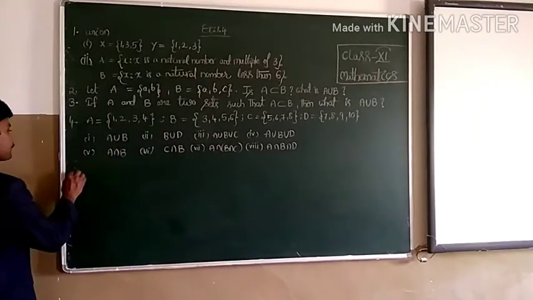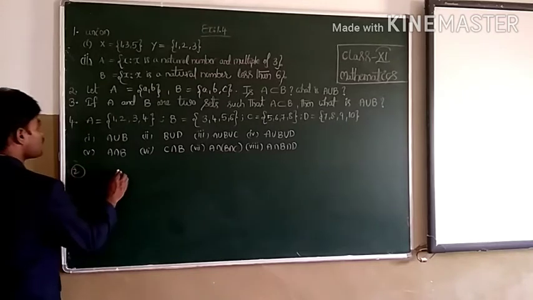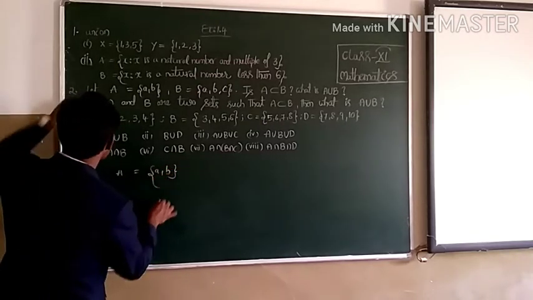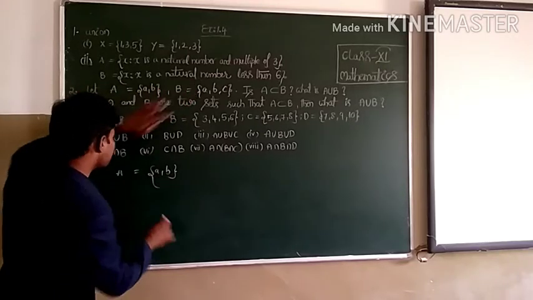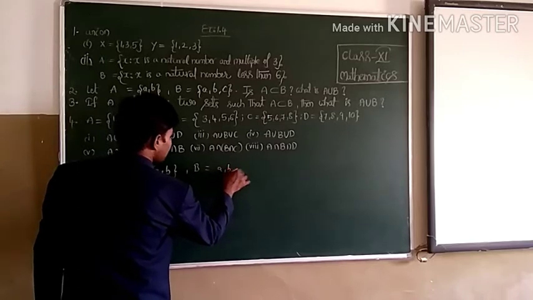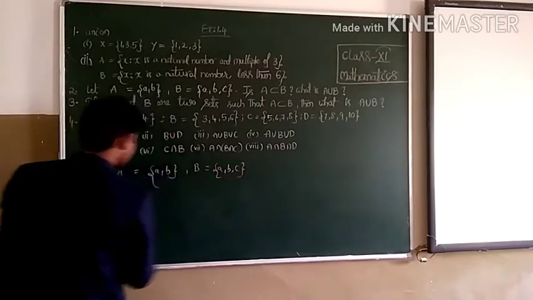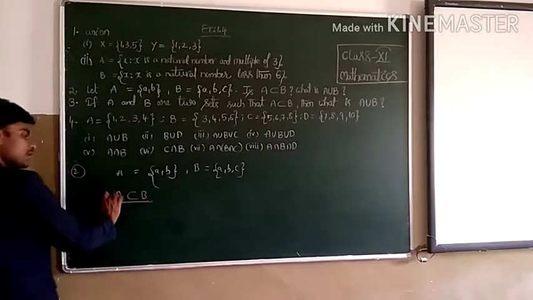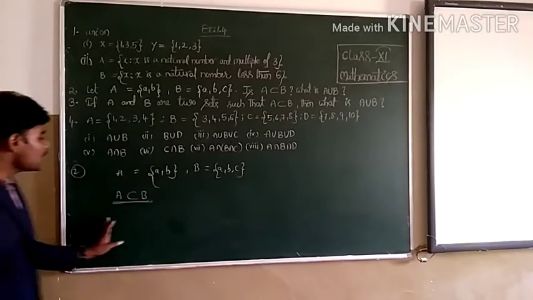First, the given sets are A equals {a, b} and B equals {a, b, c}. Clear? This is the given information. The first condition is A subset B, so is A a subset of B or not?